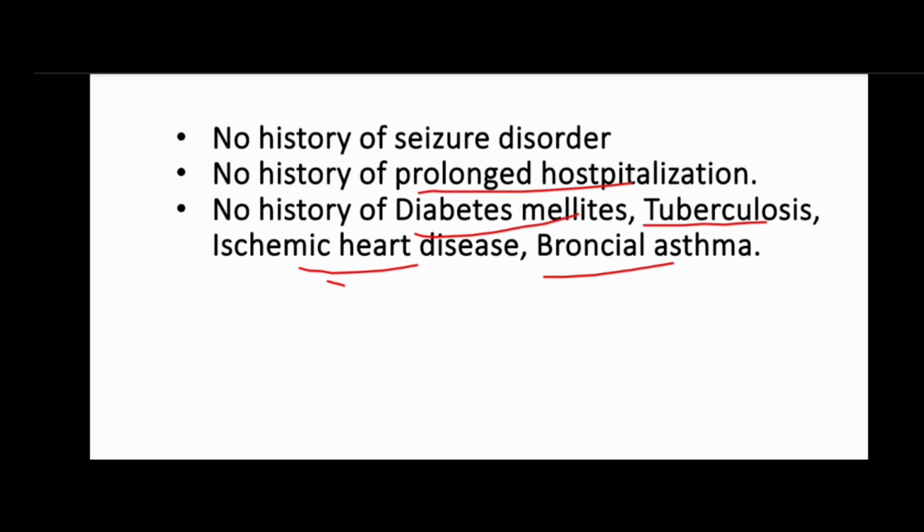So you don't use "no history of"; instead of "no history of", you have to use "not a known case" or "known case". In this patient, there is no diabetes mellitus, tuberculosis, ischemic heart disease or bronchial asthma, so we have to write not a known case of diabetes mellitus, tuberculosis, ischemic heart disease and bronchial asthma.